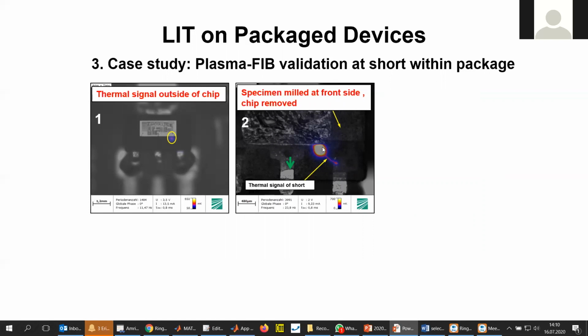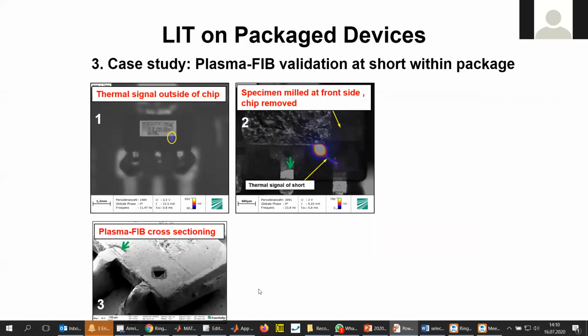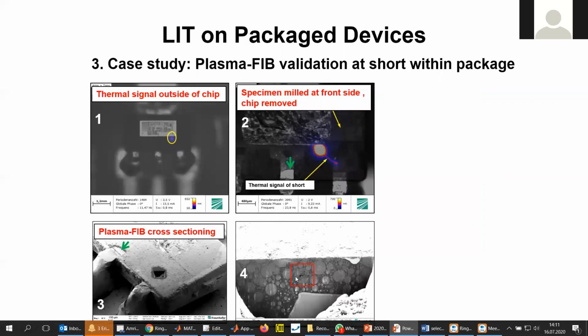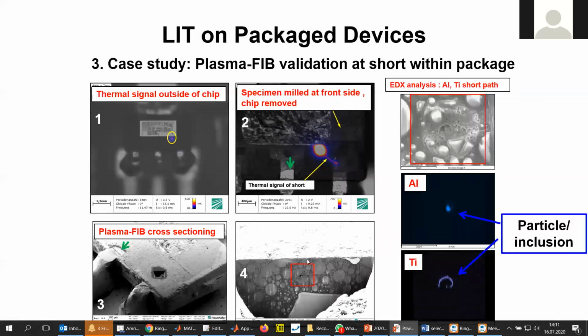We see a path here, and we see a hotspot here. We've then used our plasma FIB in order to prepare a cross-section here, which was then imaged in the electron microscope. We've observed this inclusion here and doing EDX analysis on this inclusion, the presence of aluminum and titanium was revealed. So that must have been a particle or a metal inclusion that came into the package during the molding process.